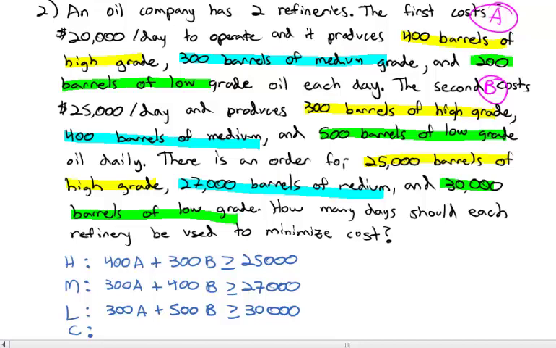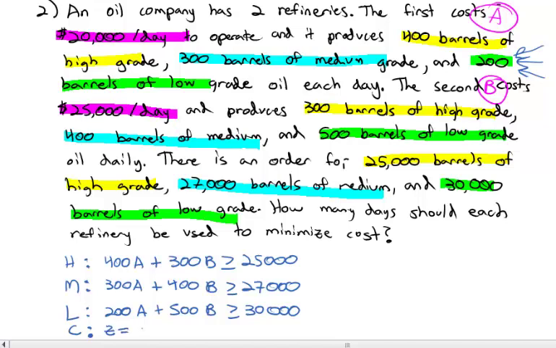Oops, I really can't read here. I'm looking at the third line. It's 200 barrels of low grade from A, not 300. So 200 from A plus 500 from B has to be greater than or equal to 30,000. And for the cost function, A is 20,000 a day and B costs 25,000 a day. That's what we're trying to minimize.